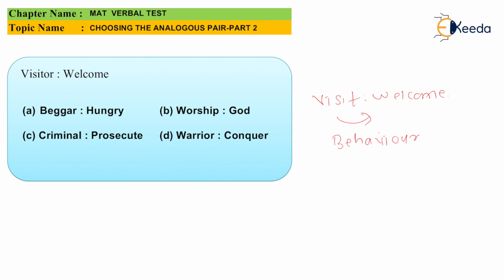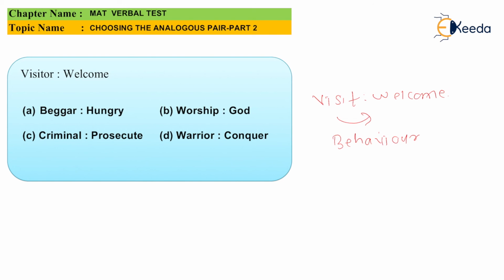It says that beggar is related to hungry, worship is related to God, criminal is related to persecute, and warrior is related to conquer. If we see all the options, we can say that criminal is related to persecute is the right answer, because our behavior towards a criminal is always of persecution.